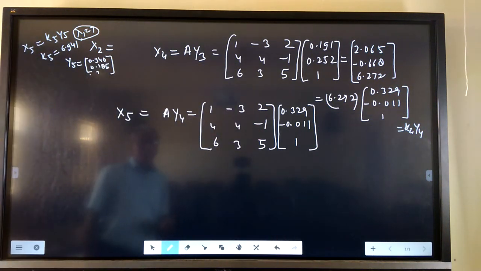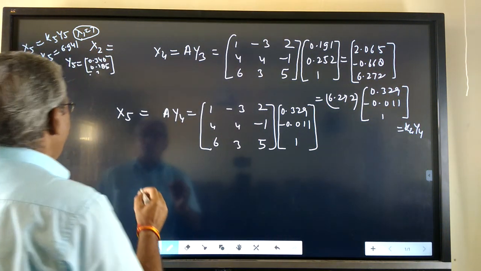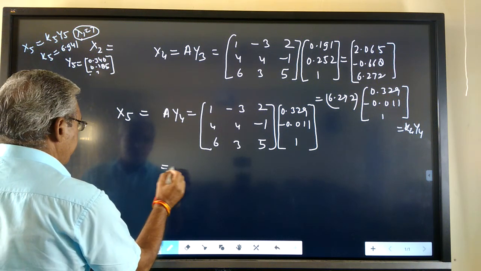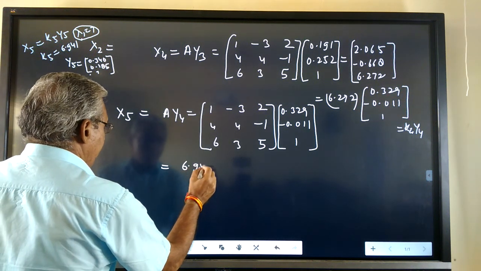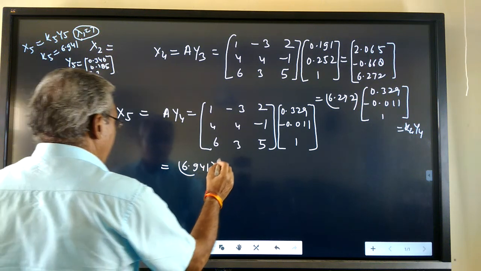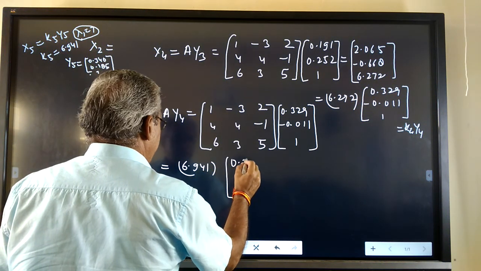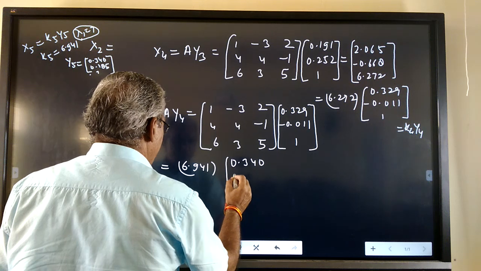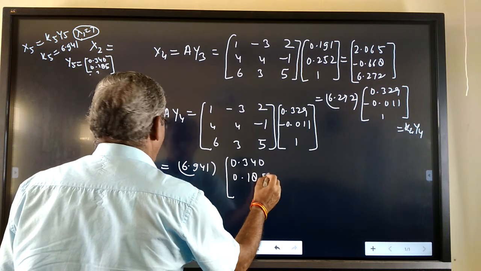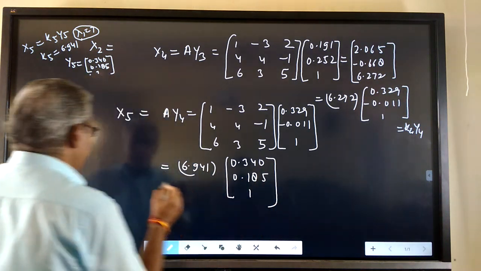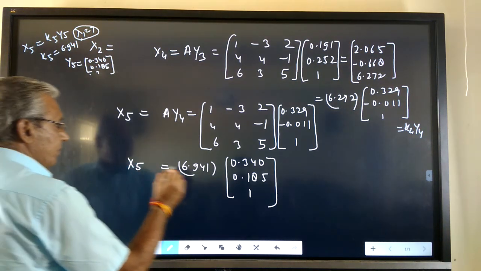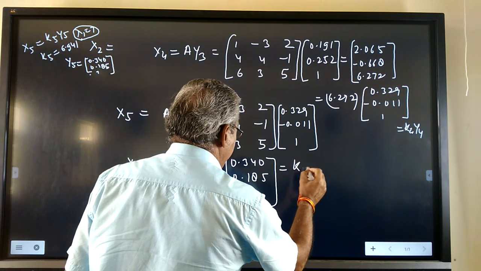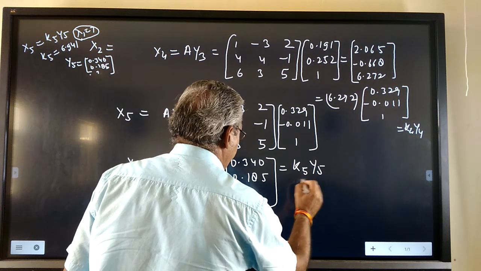After this multiplication, we have 6.941 times [0.340, 0.185, 1]. This is x5. Suppose it is k5 and y5.